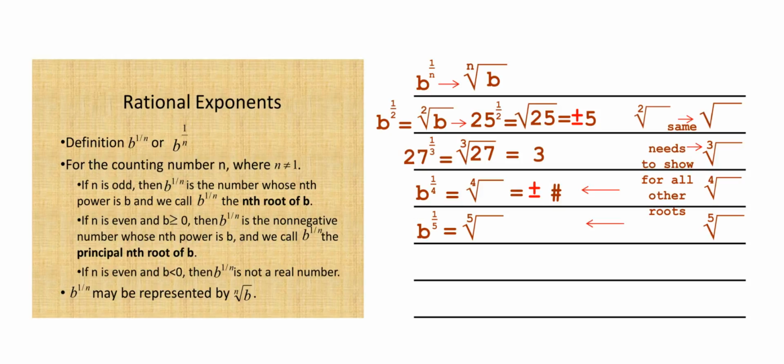So b to the 1 over 5 equals the fifth root of whatever number you choose. This does not need a plus or minus because it's an odd root, so you get exactly what you need from odd number roots. Even number roots, you need a plus or minus. And ask yourself, does it make sense to have a plus or minus depending on what you're talking about?